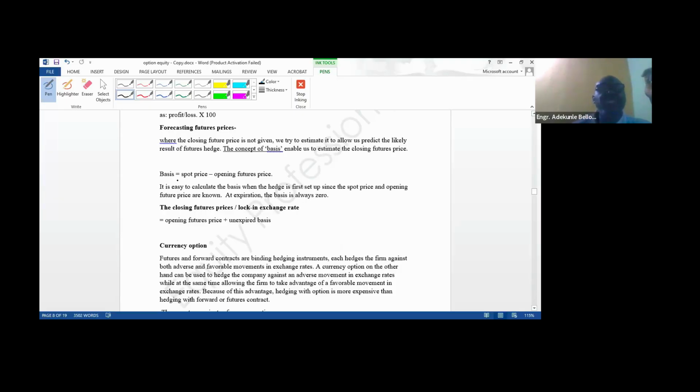Your basis is spot price minus opening futures price.